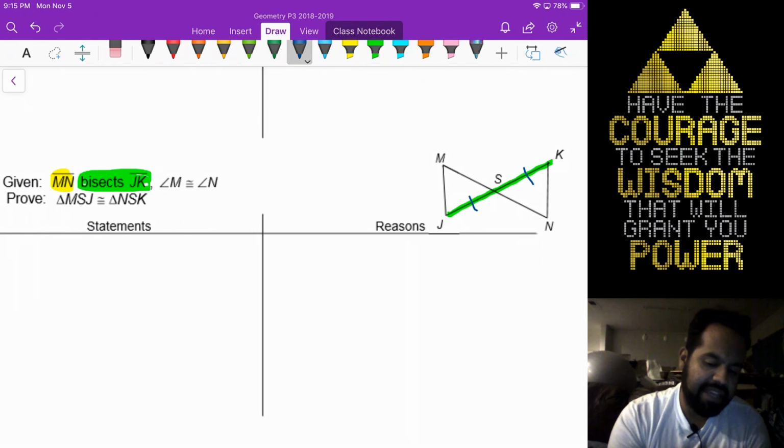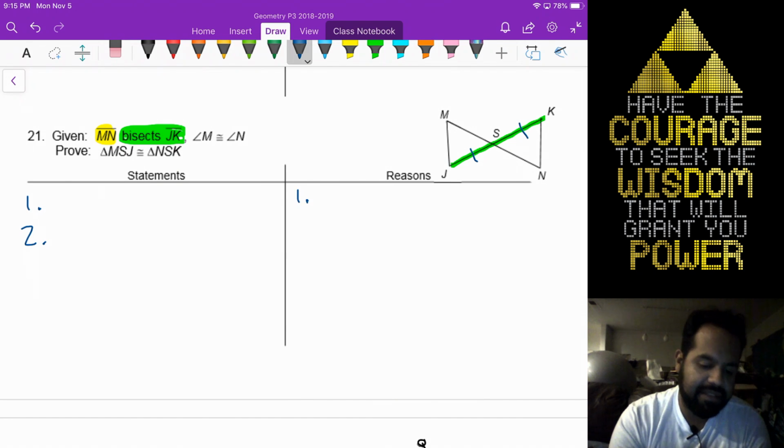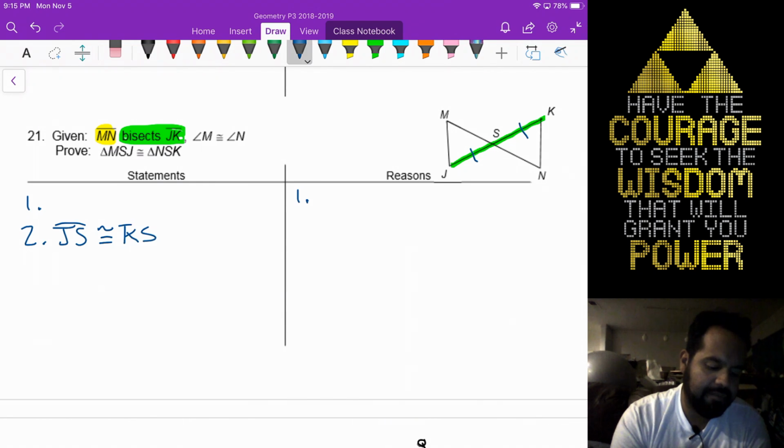Okay? That's our step that we're going to write after our given. So then right here we're going to write JS is congruent to KS.